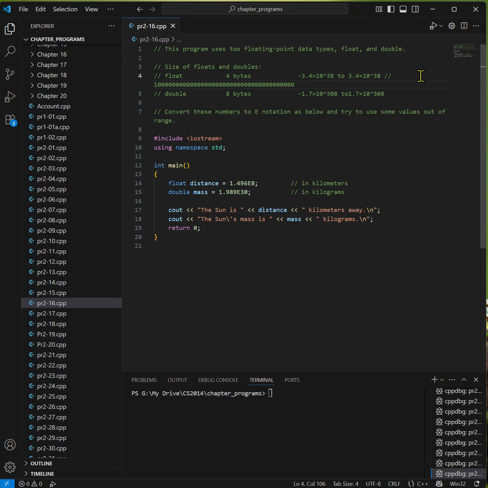So this is 10 to the power 38, and if it's 3.4, you would have this much. So that's quite some range already.